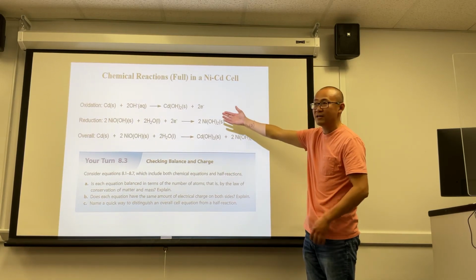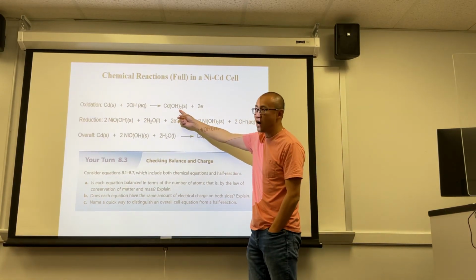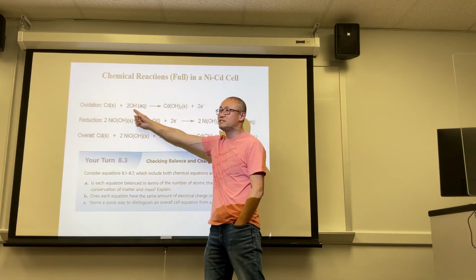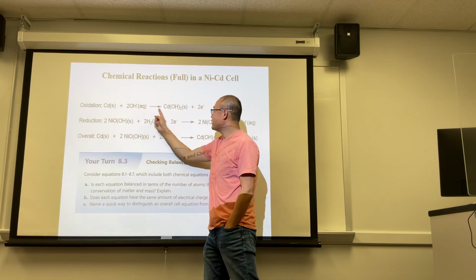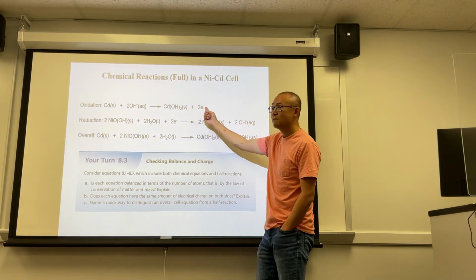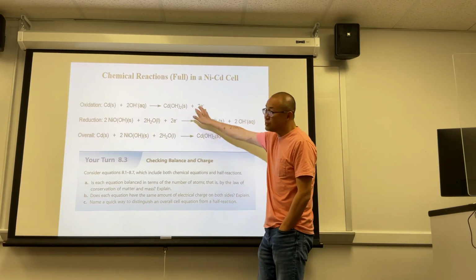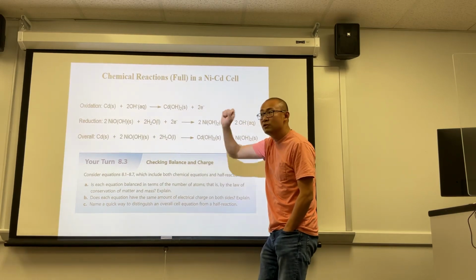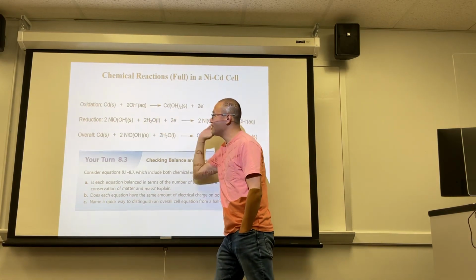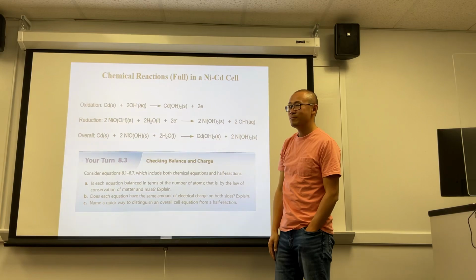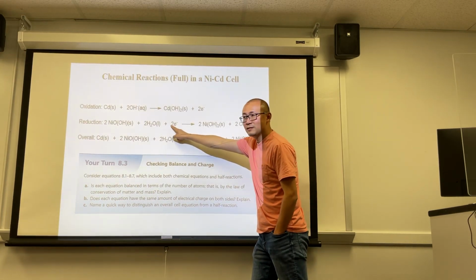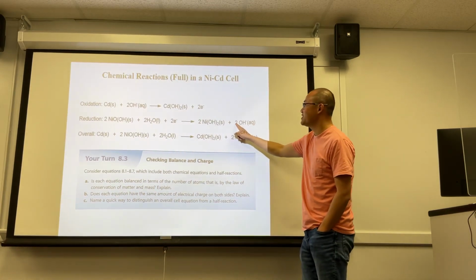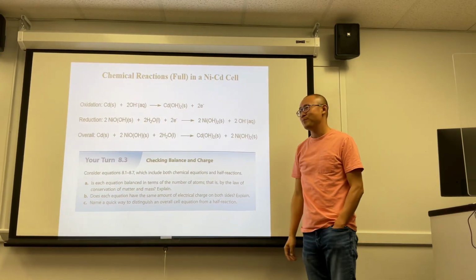If you take a look at these reactions, for example, the top one, the oxidation one, what is the charge on the left side? 2 minus, is that right? What is the charge on the right side? 2 minus. Electrons don't have mass, but electrons do have charge. So you can see that the charge is also balanced. The bottom one, the middle one, reduction. What's the charge on the left side? 2 minus. What's the charge on the right side? 2 minus as well.